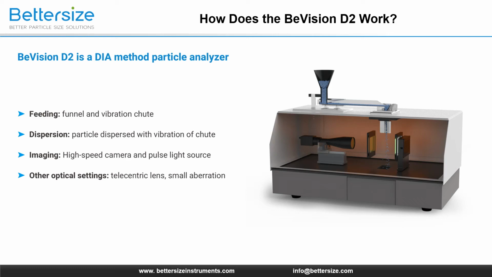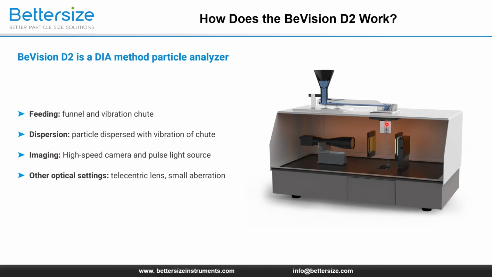Now, let us follow the particle traveling through the Bevision D2 and get to know how the Bevision D2 works. In the beginning, the particles are added to the feeding funnel and stored there. When we click on the Start button in the software, the feeding chute starts to vibrate and sends the particles into the Bevision D2.